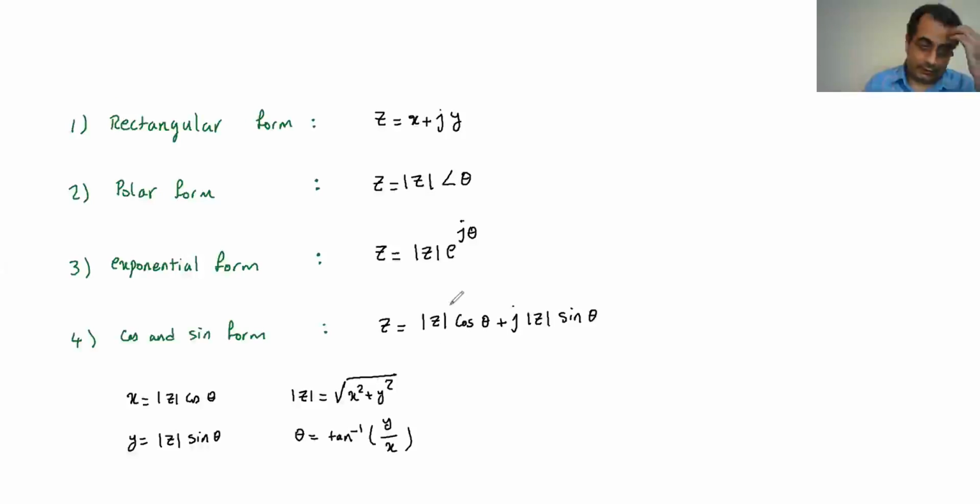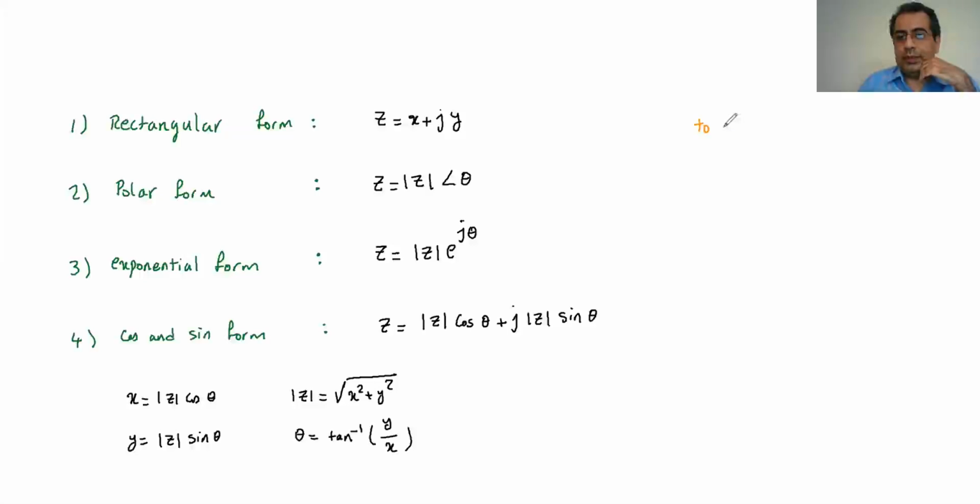And when we are doing the calculation, if in our mathematics we are adding or subtracting complex numbers, use form 1 or form 4. So I'll write them here.